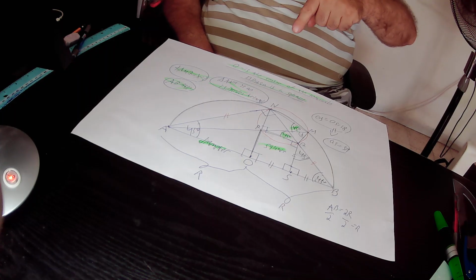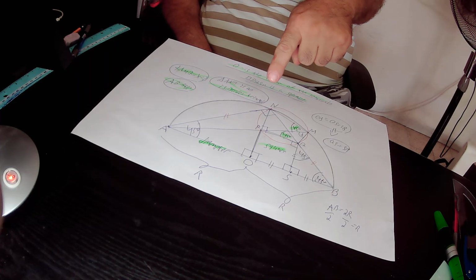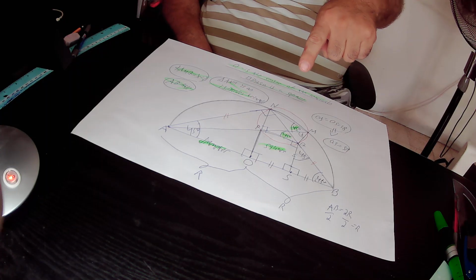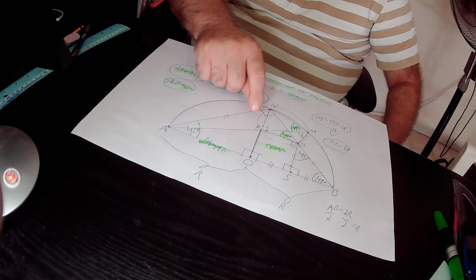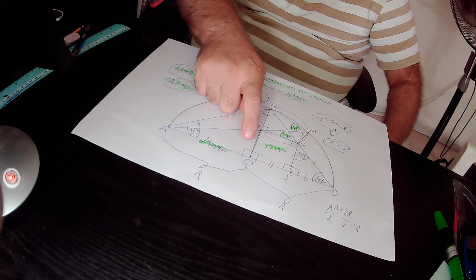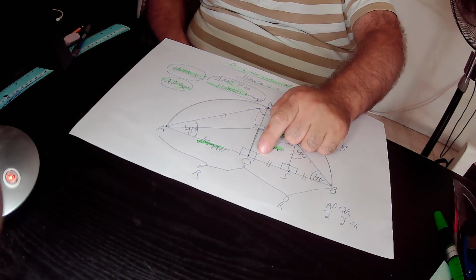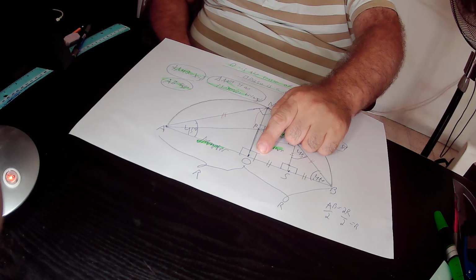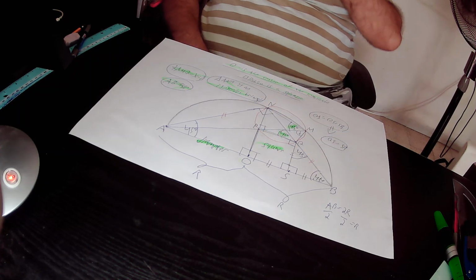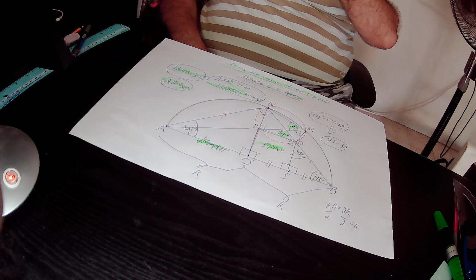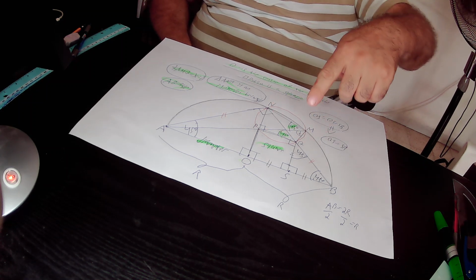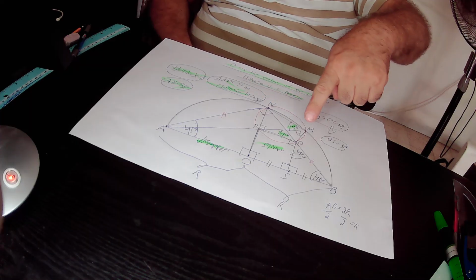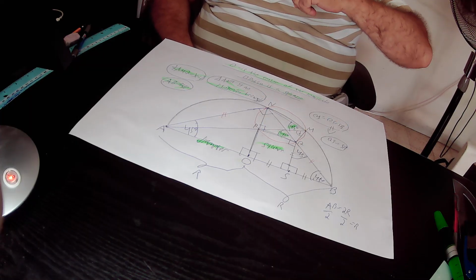So the perpendicular from point N, because NO is perpendicular to AB, it means that this angle equals 90 degrees, and this angle also equals 90 degrees according to our construction. You know that the opposite sides of a square are parallel to each other. So in square PQSO, side PQ is parallel to the opposite side OS.